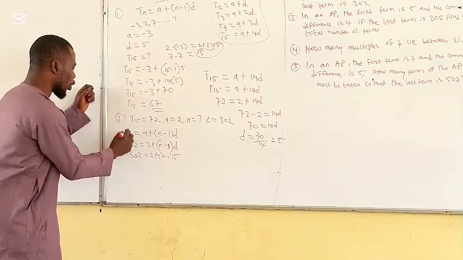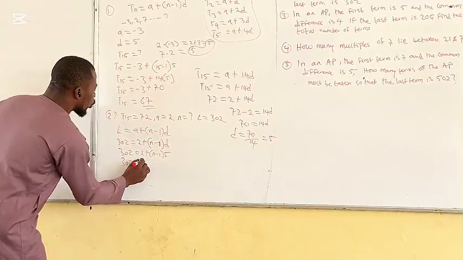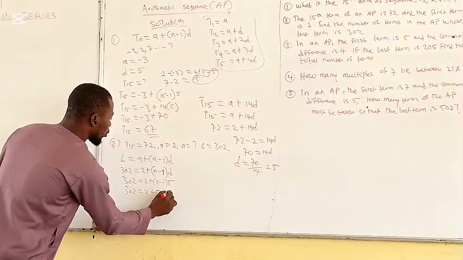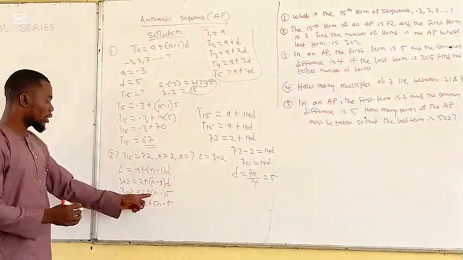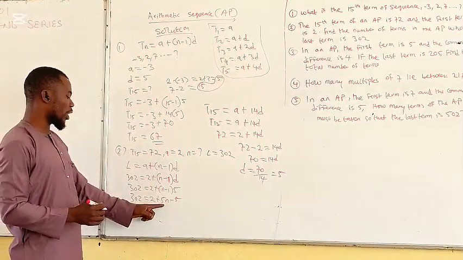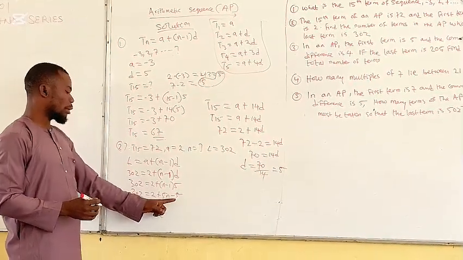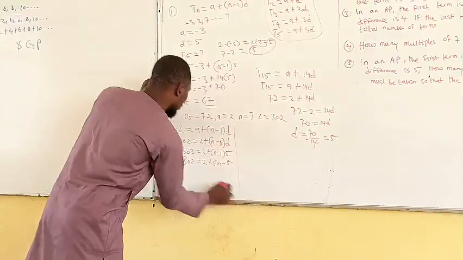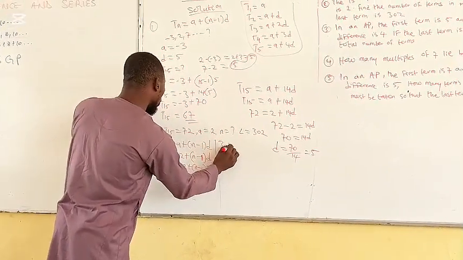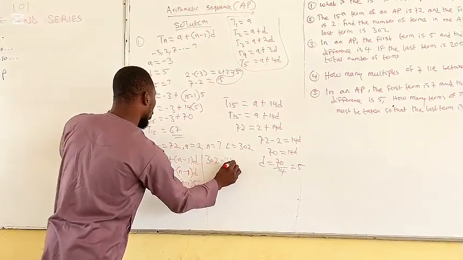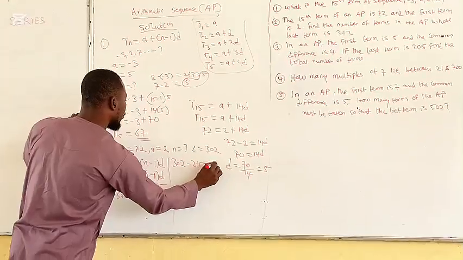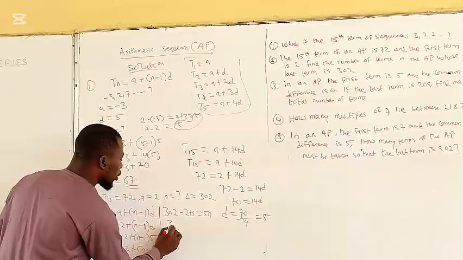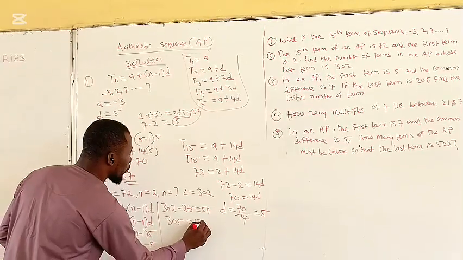Opening this bracket, you'll have 302 equals 2 plus 5n minus 5, because n times 5 will give us 5n, and minus 1 times 5 will give us minus 5. From here, we collect the like terms as 302 minus 2 plus 5 equals 5n. 302 minus 2 plus 5 will give us 305 equals 5n.